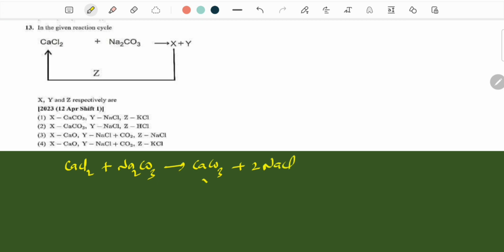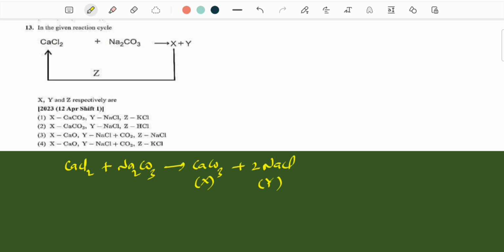Here calcium carbonate is X, sodium chloride is Y. The formation of calcium carbonate and sodium chloride from CaCl2 and Na2CO3 is a double replacement reaction. The products of this reaction are calcium carbonate and sodium chloride.